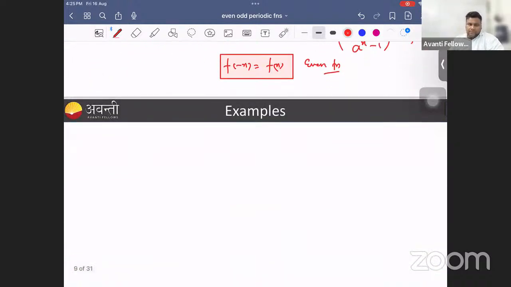All right. Next, f of x is 1 plus 2 to the power x whole square upon 2 to the power x. Check if it is even or odd.